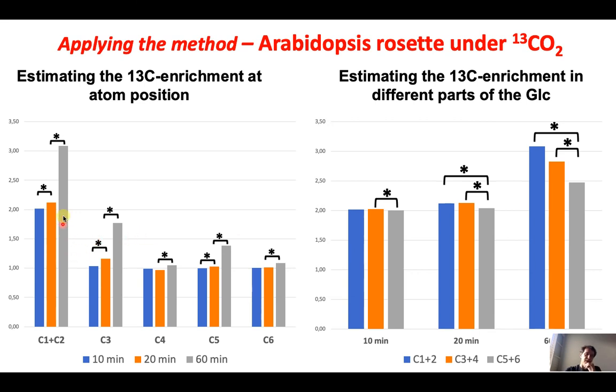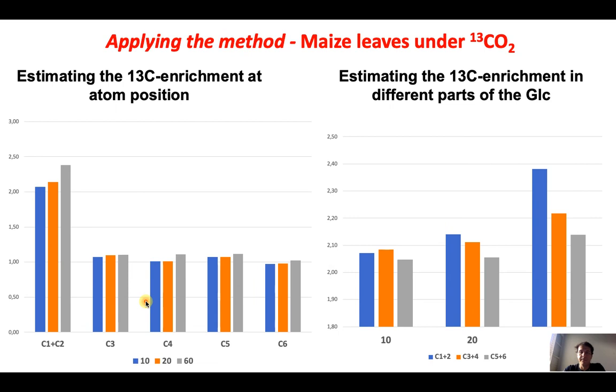Of course, it's overestimated because it's the sum of 2 carbons, but you can see an increase in the enrichment in all carbons, 3, 4, 5, 6, but there are differences between these carbons. It's not like the whole molecule has been labeled simultaneously.